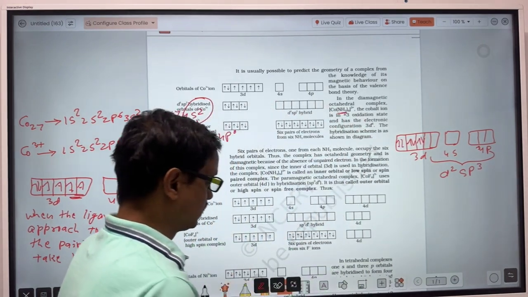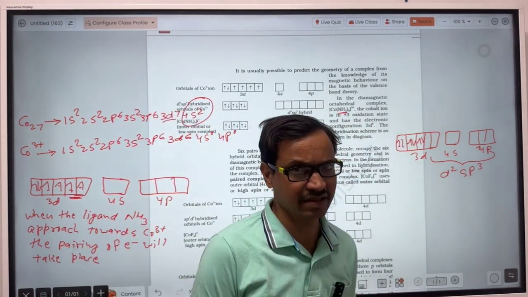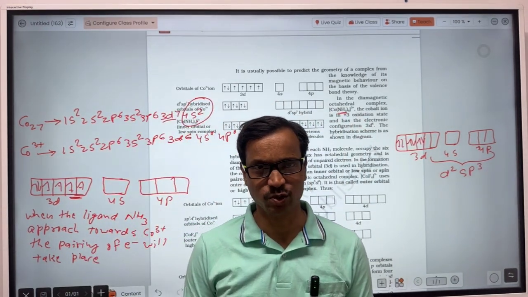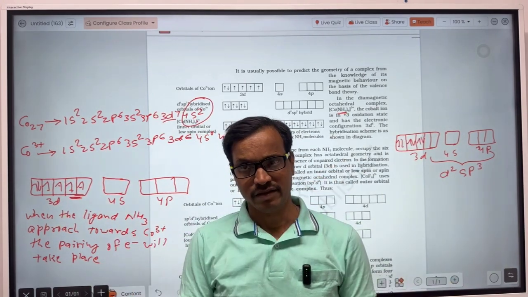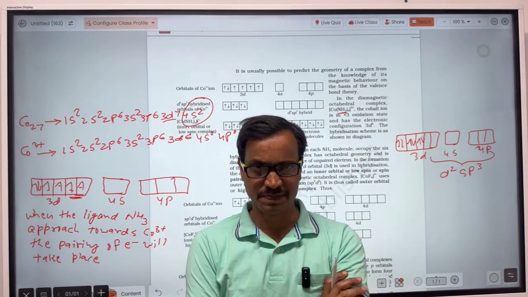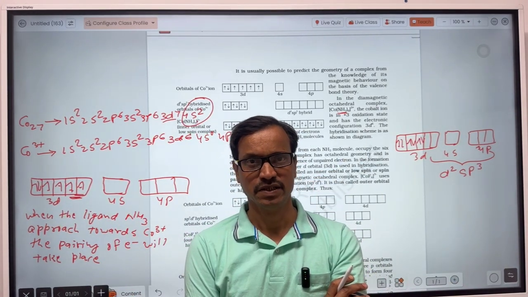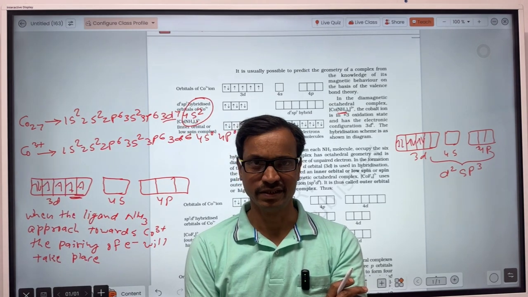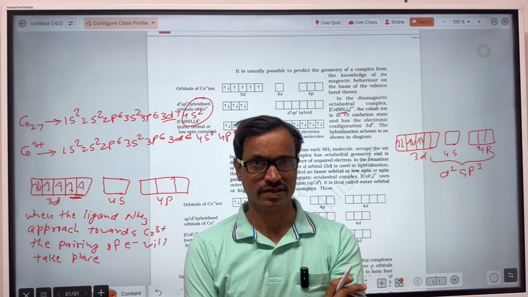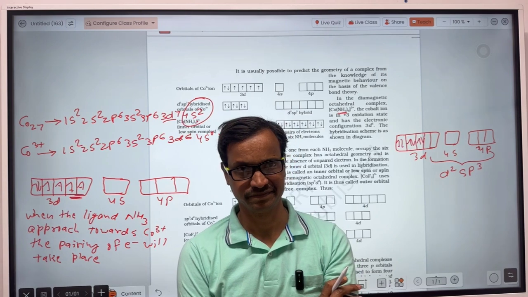So now the 6 d2sp3 hybridized orbitals will spread in space, so that when electrons are there, they will experience the least repulsive force.